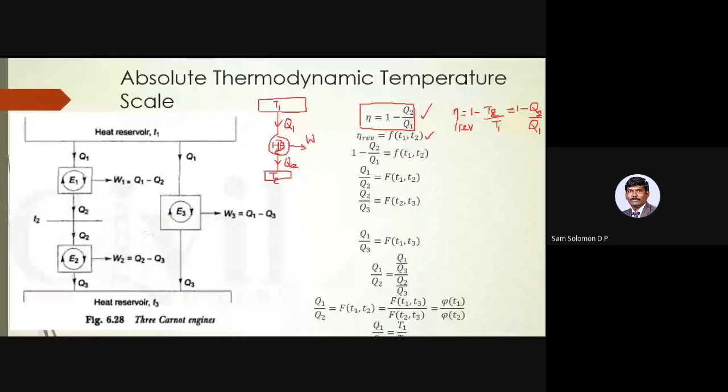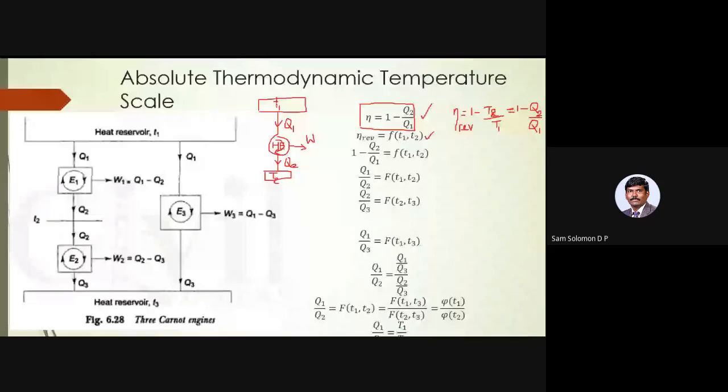So because it is a reversible engine, I can replace this efficiency term with 1 minus Q2 by Q1, and it is also a function of source temperature and sink temperature. I have used small t, so in the diagram also let it be small t. So 1 minus Q2 by Q1 is a function of T1 and T2.